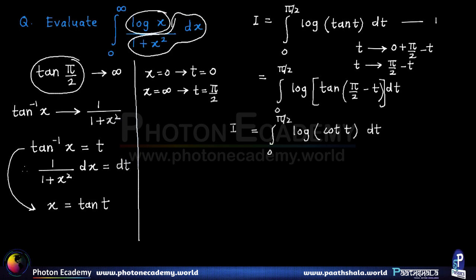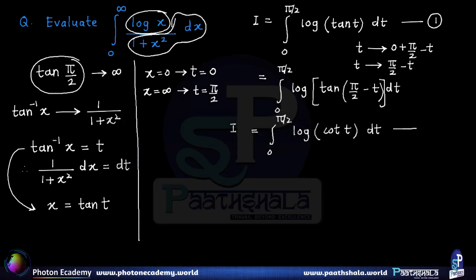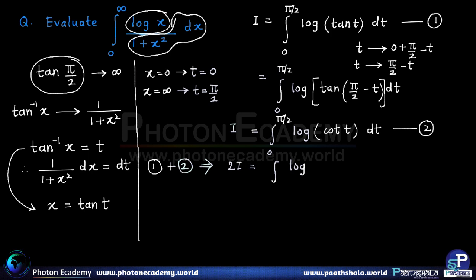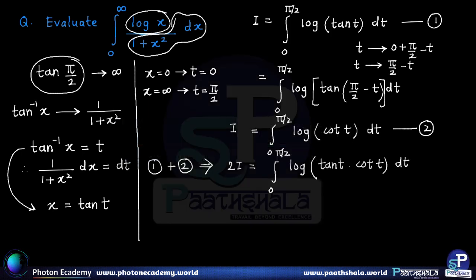If we call the previous statement 1 and this new statement 2, suppose we add 1 and 2, which gives us 2I equal to integral of log of tan t plus log of cot t. So using the rules of logarithms, that equals log of tan t into cot t, since the limits are the same, 0 to pi by 2.